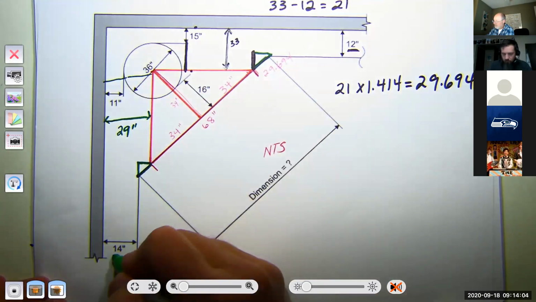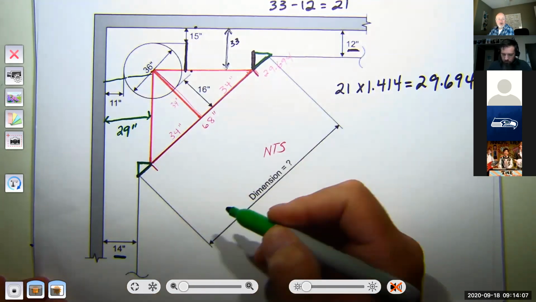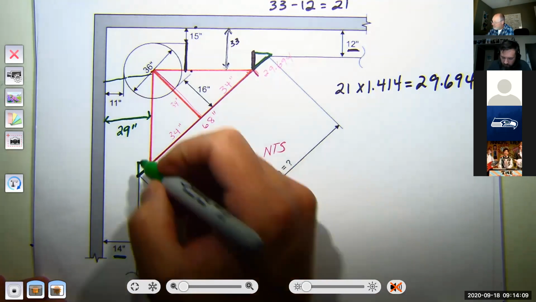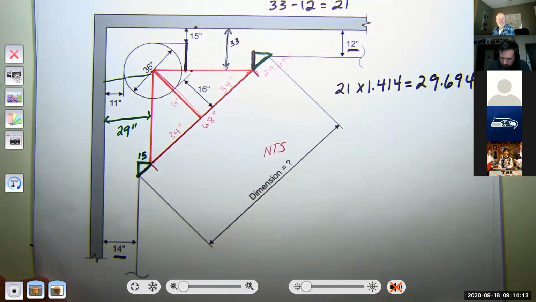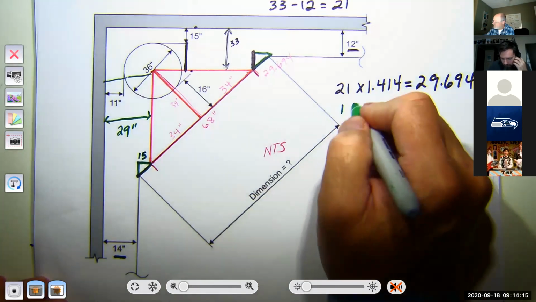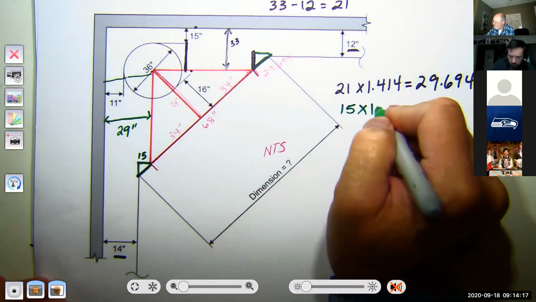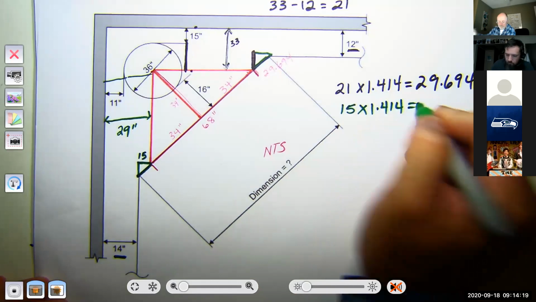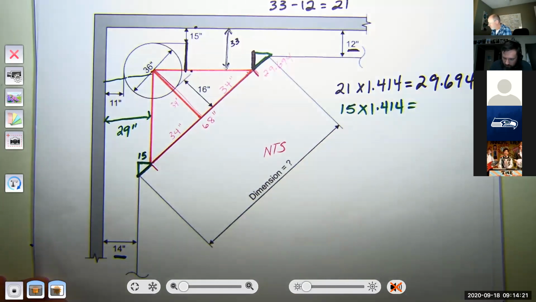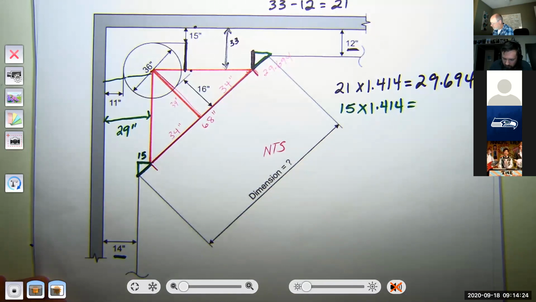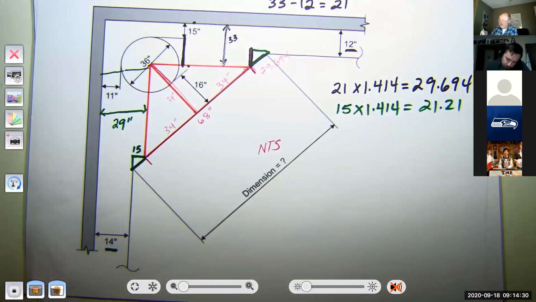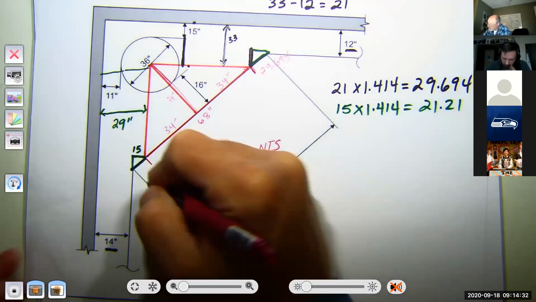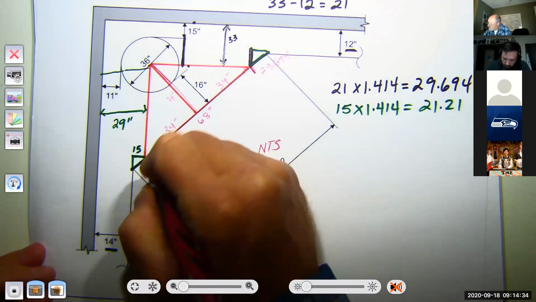And then if I minus off 14 down at the bottom from the 29, that makes this line 15. And now I can go 15 times 1.414, which is 21.21. This line right there is 21.21.